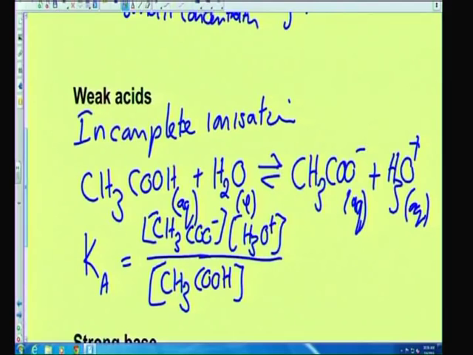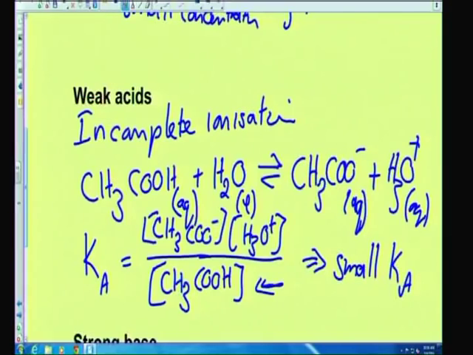So if you look at this, this is going to give you a small Ka, because it hasn't ionized completely. The molecule is going to be in predominance. The molecule of vinegar, the acetic acid molecule, there's going to be much more of that. Notice that's on the denominator. So the concentration of this is going to be high.